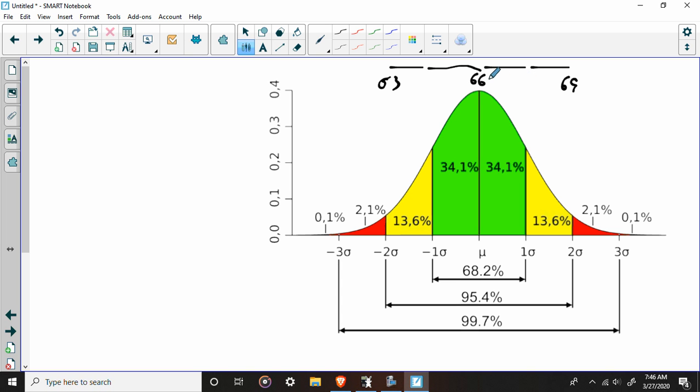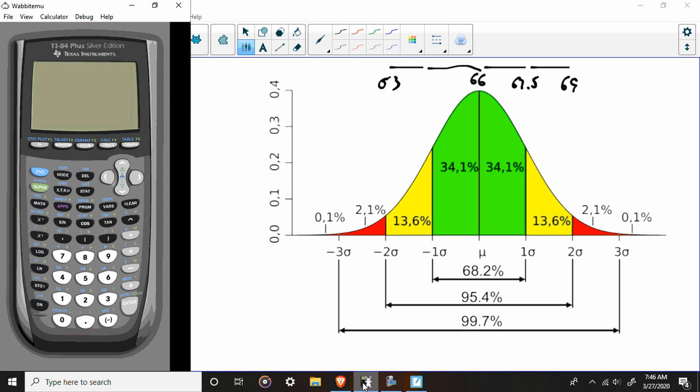So 1.5 plus 66 is going to be 67.5, right? If you were a little bit lost, you can always just take the average and say, what's 63 plus 66 divided by 2, and that's going to give you 64.5.